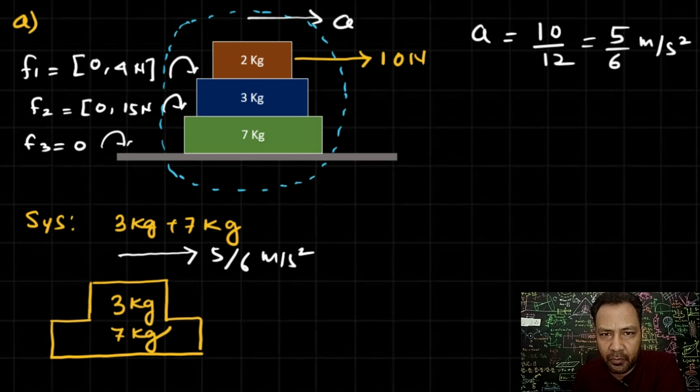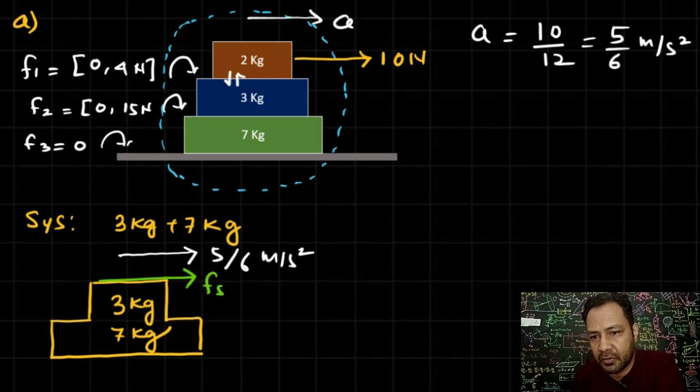There is no force from the ground. So the only force that can move this system of 3 kg plus 7 kg is the friction between 2 kg and 3 kg, that is the static friction. Let me assume the static friction between 2 kg and 3 kg is Fs.